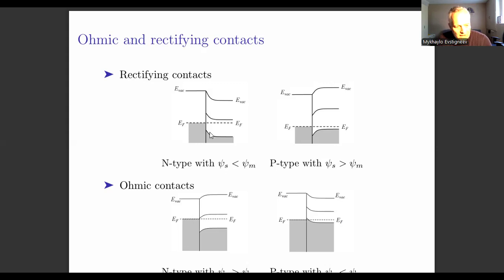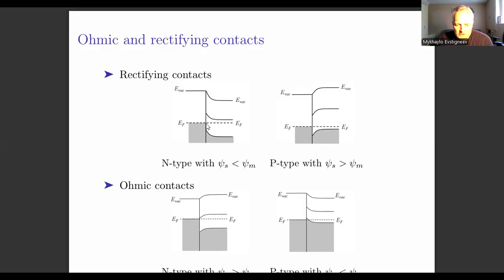Now, if I apply positive bias to the metal, then I will make this depletion region smaller. I will make it easier for the electrons to go from the semiconductor to the metal. Okay, so my majority carriers are electrons.